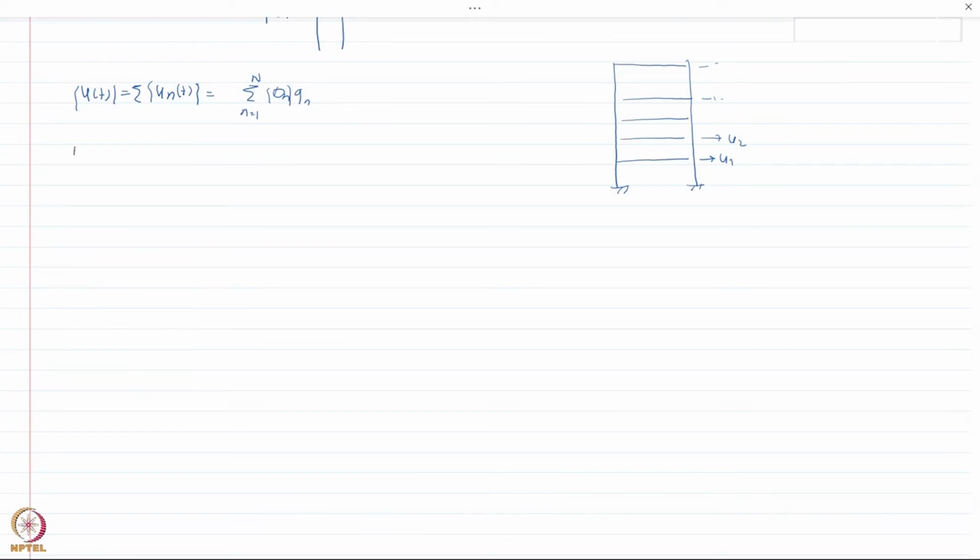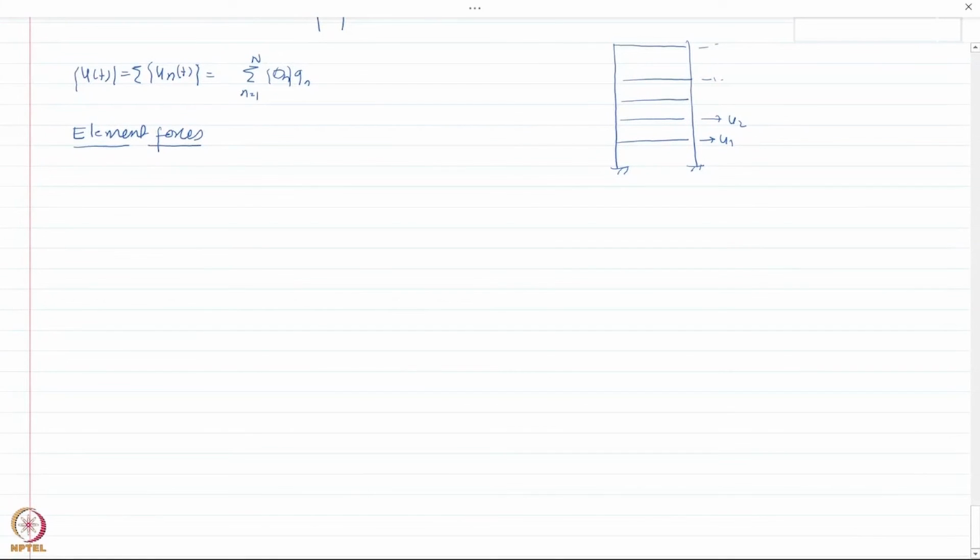Now let us see how to get the element forces. To get the element forces, there are basically two procedures, and we will discuss each of them one by one.